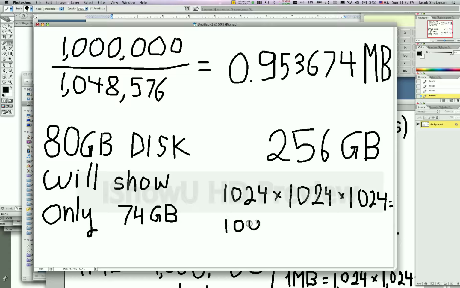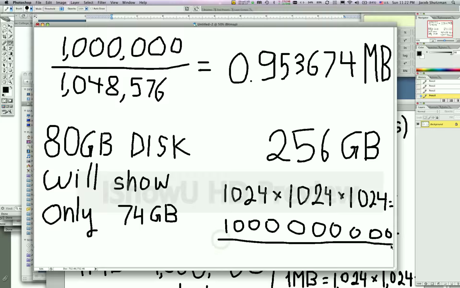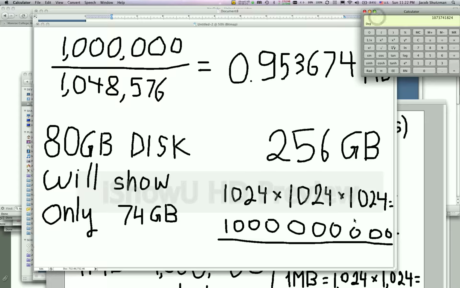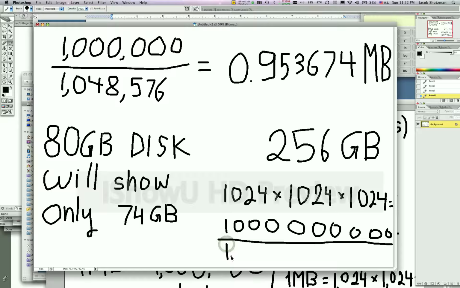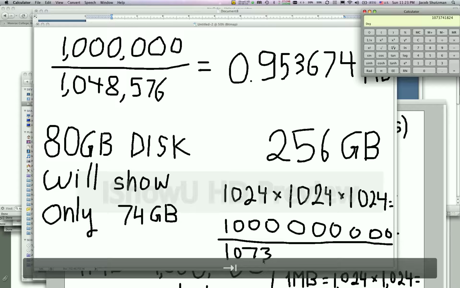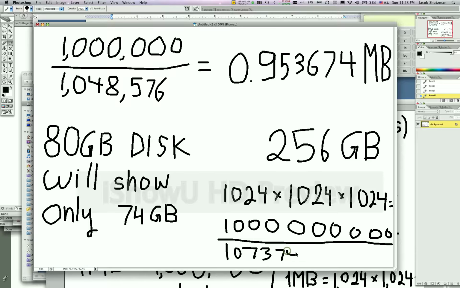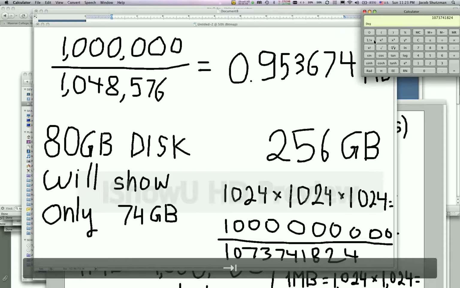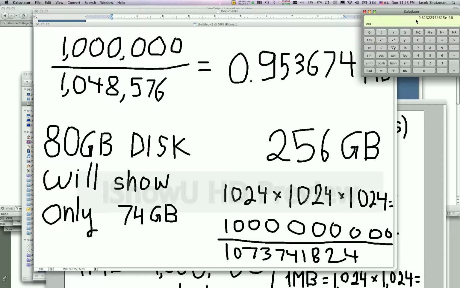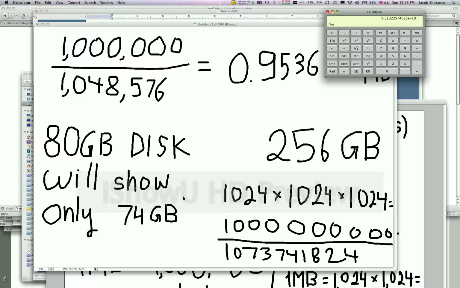So the ratio that 1 gig on the computer will show is, if we take 1 billion and divide it by the 1 gig that we got from the computer system, which is 1,073,741,824, this number will give us approximately 0.931.